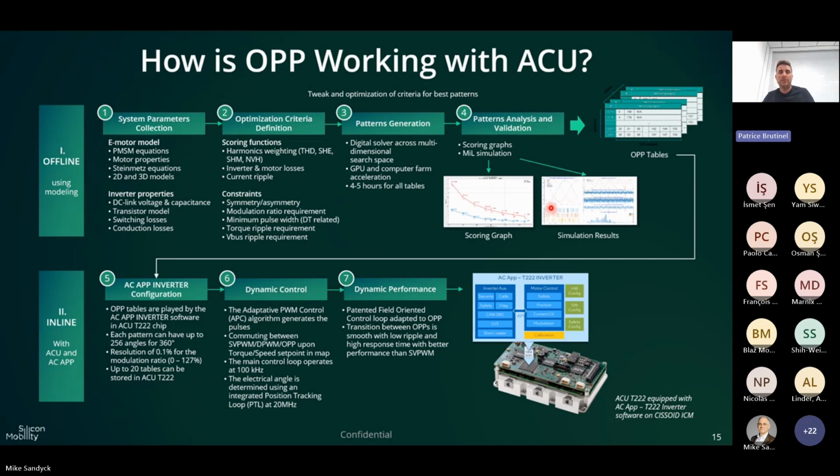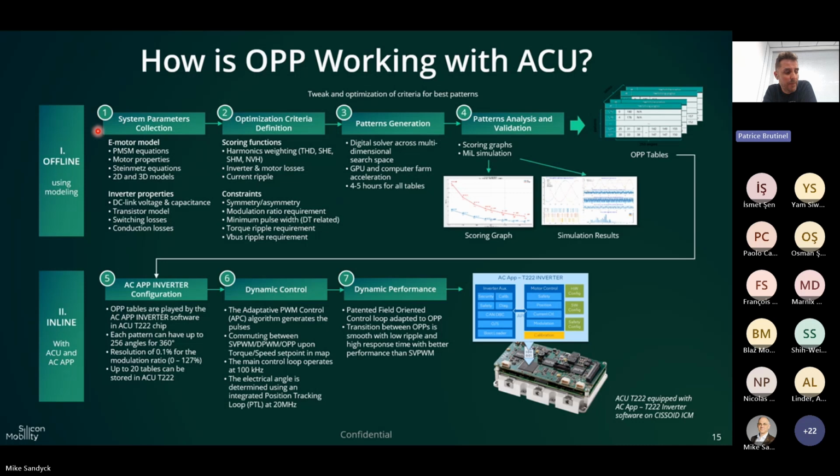So here we show in detail that flow. The first phase, which is offline, will output the patterns and the OPP tables. The first step is gathering the system parameters. So the electric motor model is needed.